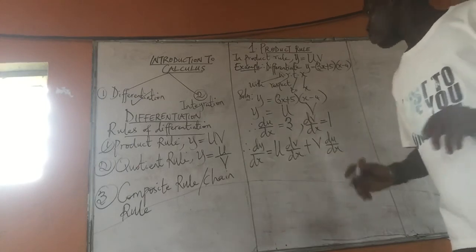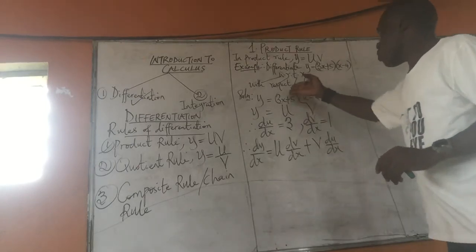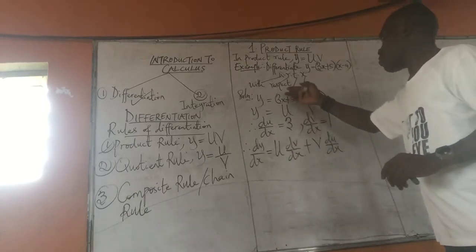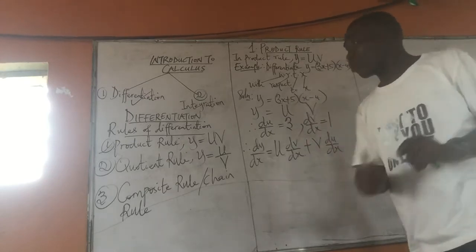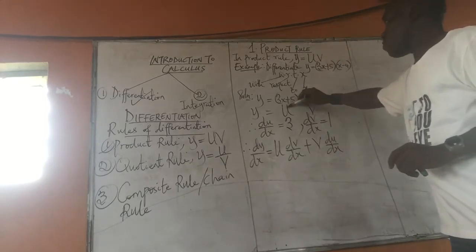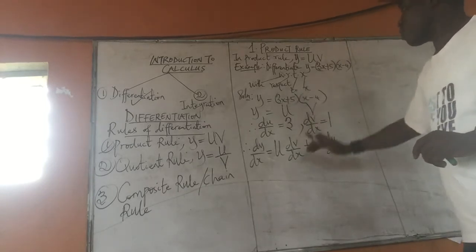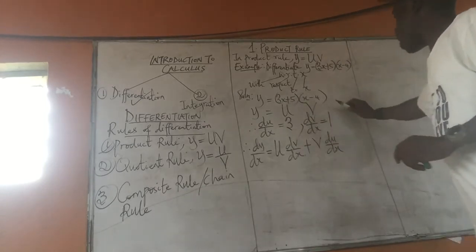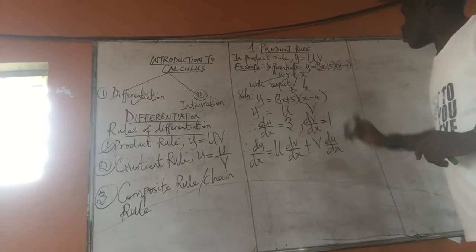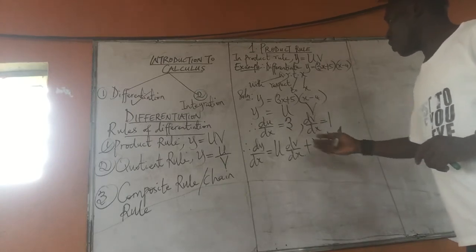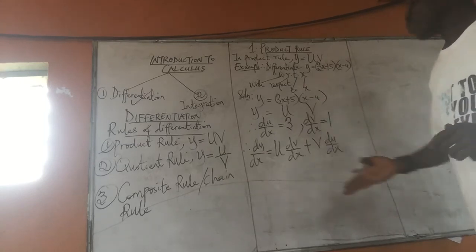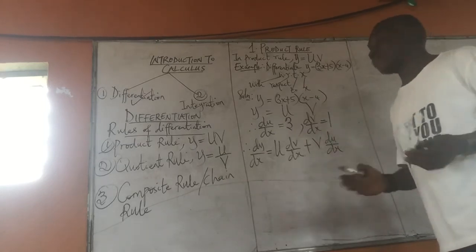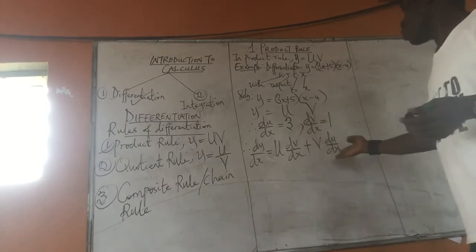Very simple. Now, our u is 3x plus 5. Our v is x minus 4. That means we have to substitute the value of u, which is 3x plus 5, into the formula. The value of v, which is x minus 4, into the formula. The value of dv/dx, which is 1, into the formula. And the value of du/dx, which is 3, into the formula.